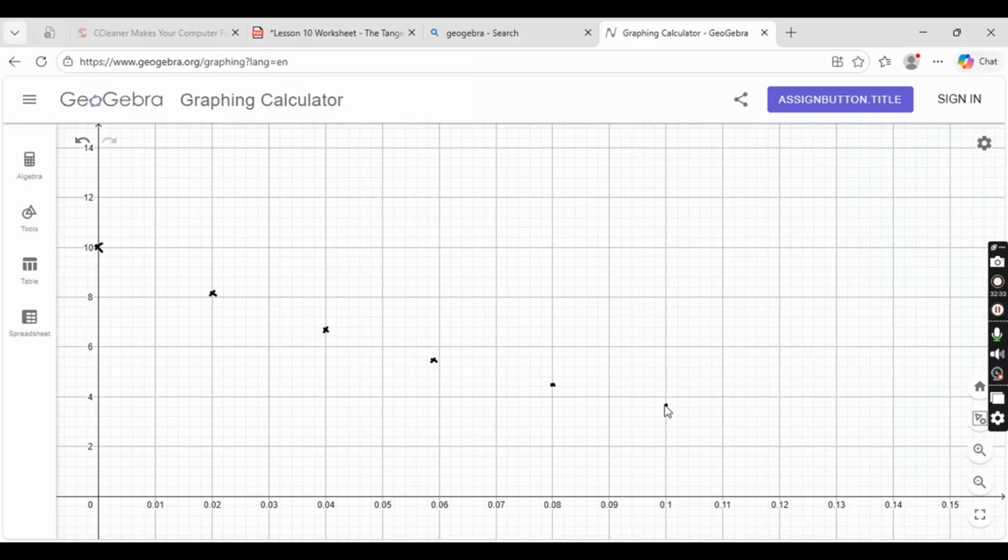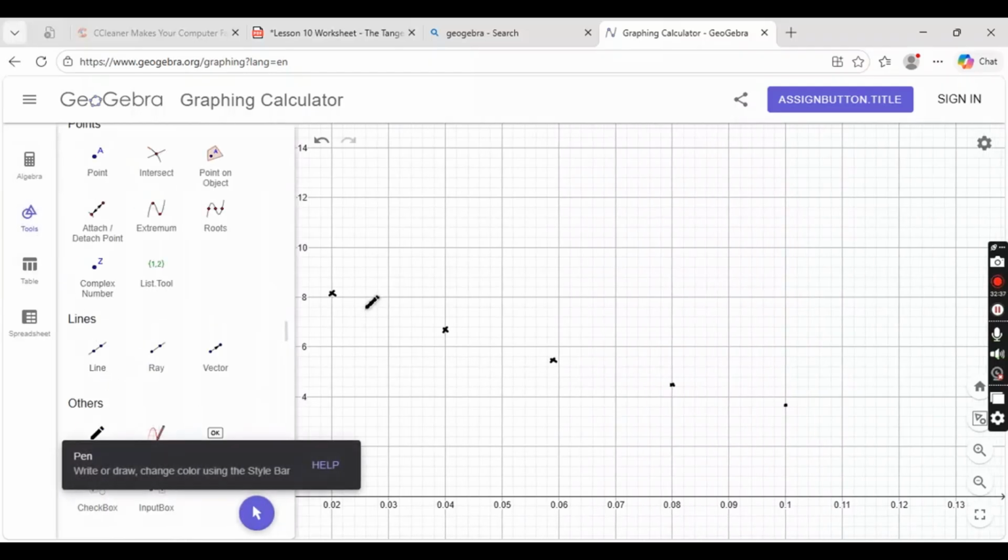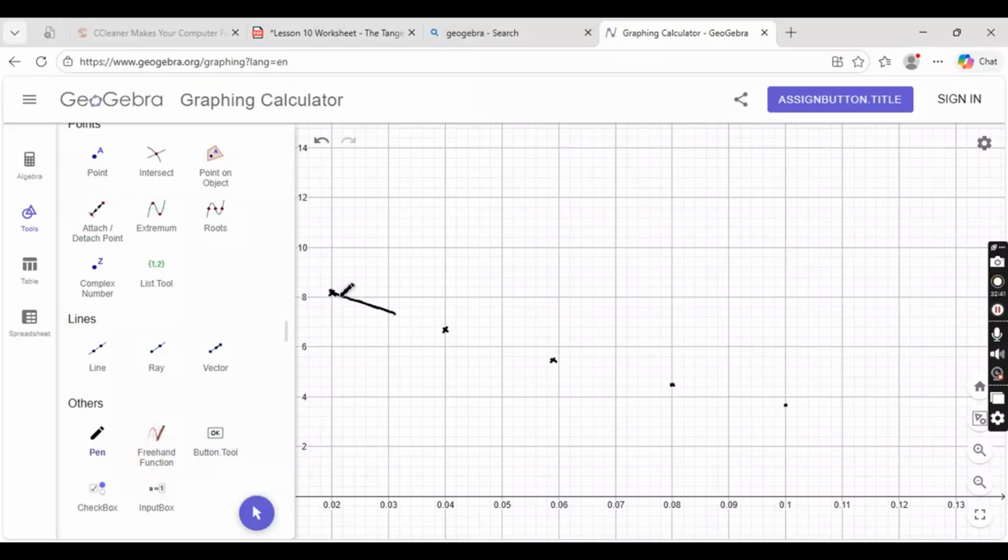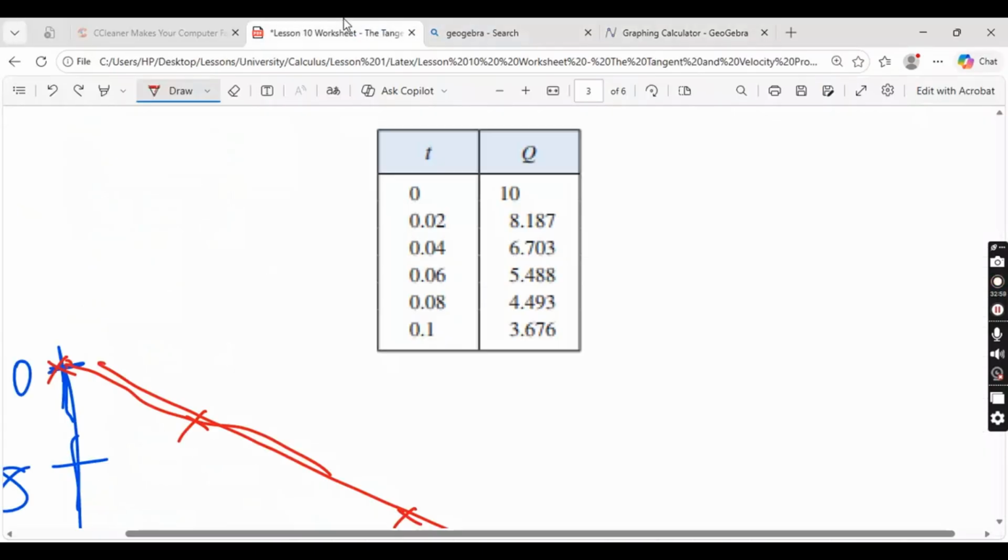Does this look straight or does it look curved? Yes, it kind of looks curvish.